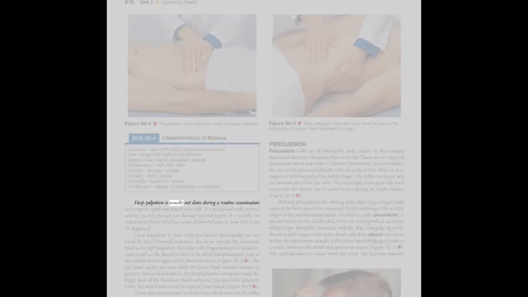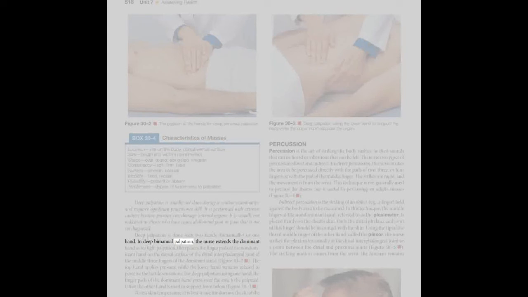Deep palpation is usually not done during a routine examination and requires significant practitioner skill. It is performed with extreme caution because pressure can damage internal organs. It is usually not indicated in clients who have acute abdominal pain or pain that is not yet diagnosed. Deep palpation is done with two hands, bimanually, or one hand.